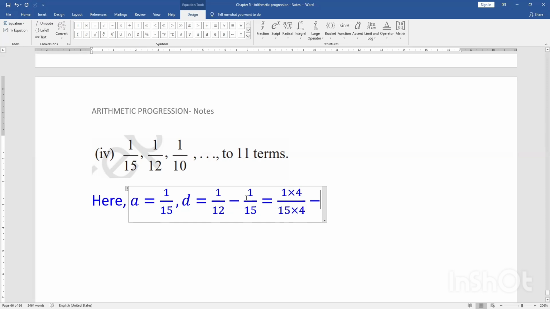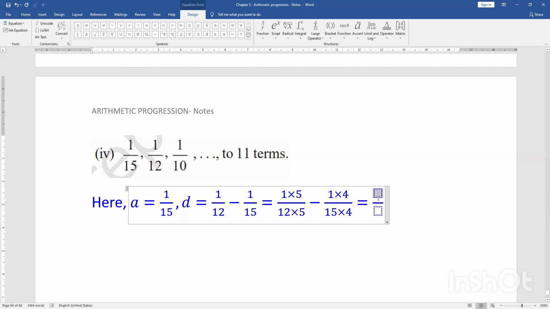Minus 1 by 12. So here 12 multiply with 5, numerator also multiply with 5. Then here multiply both numerator and denominator by 4 for the other fraction. That means to say you get as what?